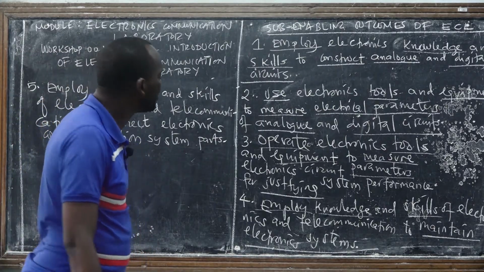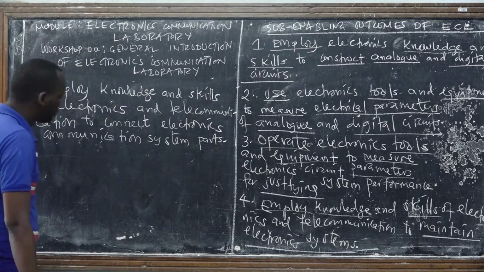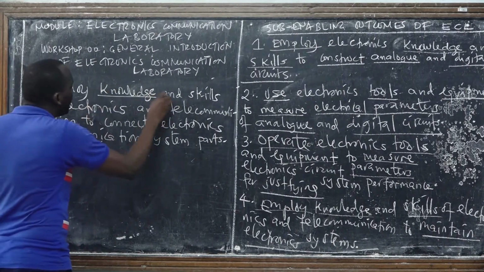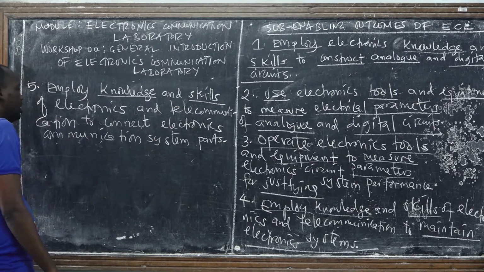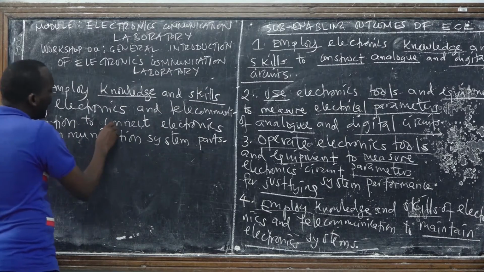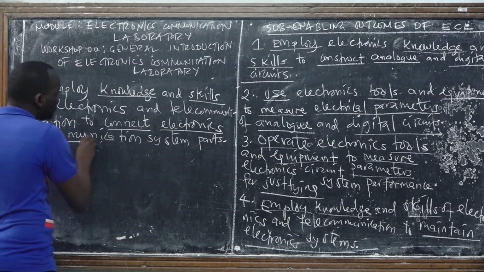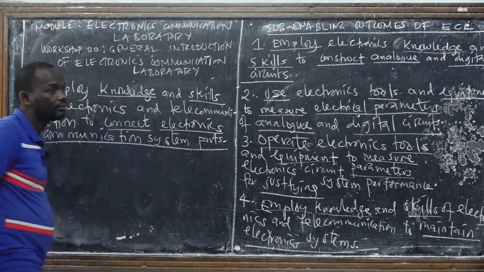So this is the first sub-enabling outcome. A student, stop writing, a student has to be able to employ knowledge and skills of electronics and telecommunication to connect electronics communication system parts.